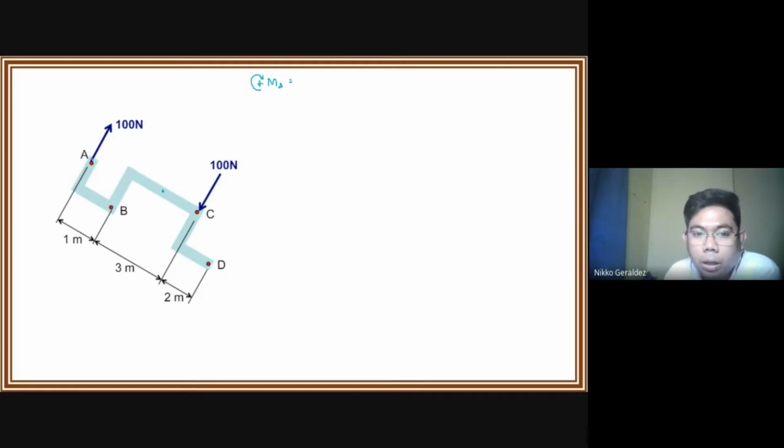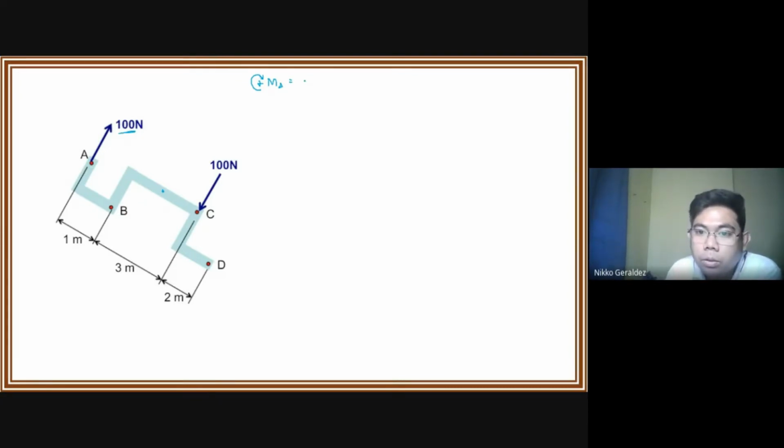When you take the moment at point A, the 100 Newton force at A produces no moment. Only the 100 Newton at point C produces a moment, which is clockwise, so positive.